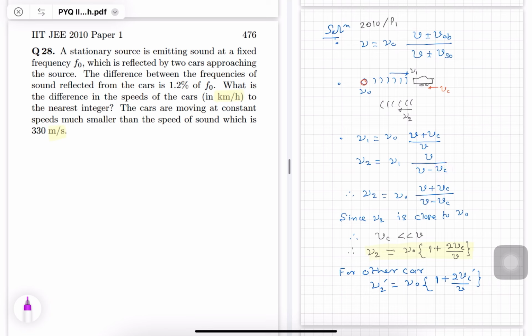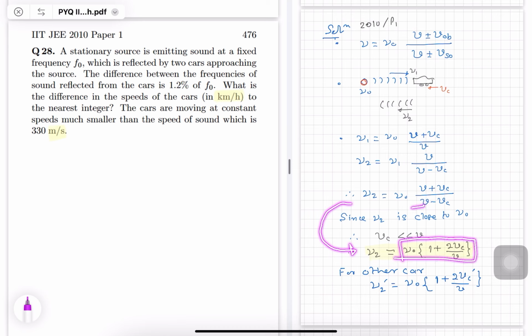Now if we replace this nu1, nu2 will be equal to nu naught into this expression. Now using the fact that Vc is much smaller than V, and applying the binomial approximation, this formula can be converted to this one. This is important.